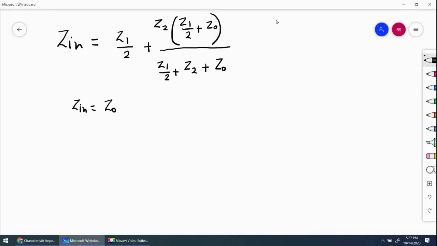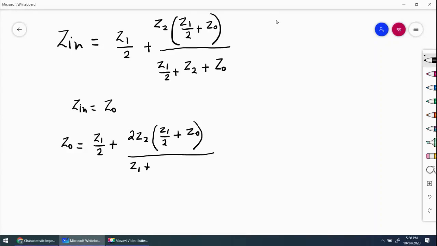So that means I can write Z0 is equal to Z1 by 2 plus 2Z2 times Z1 by 2 plus Z0, whole divided by Z1 plus 2Z2 plus 2Z0.